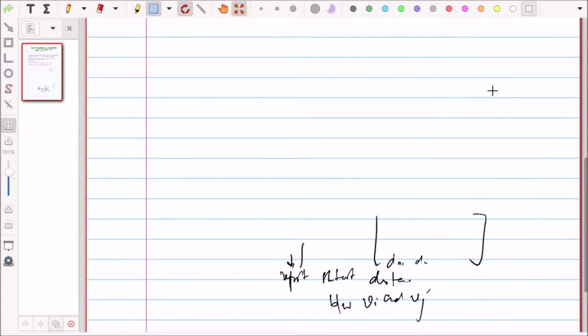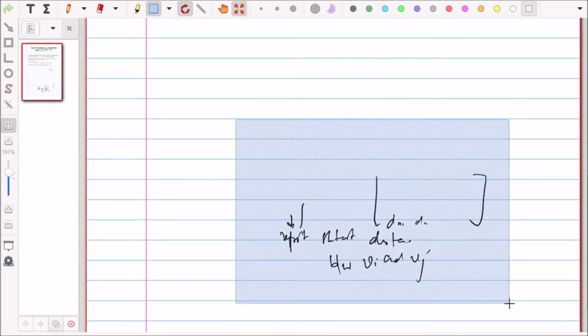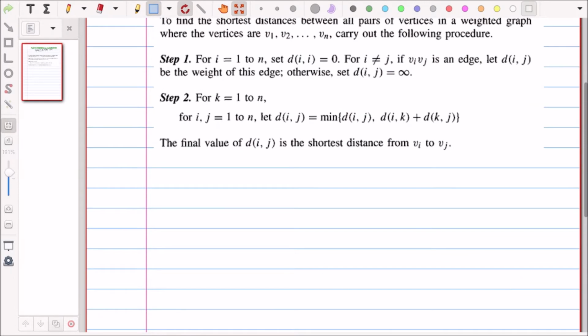Is this algorithm clear, how we are going to work? Now let us see an example, then it will be more clear.